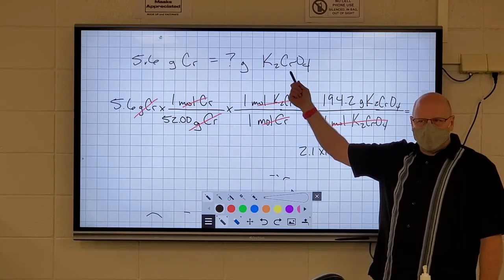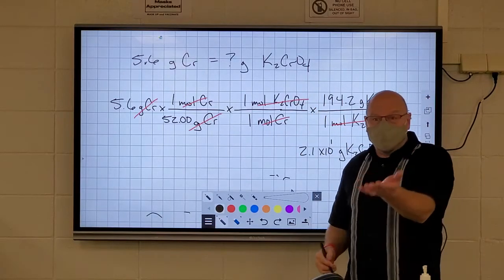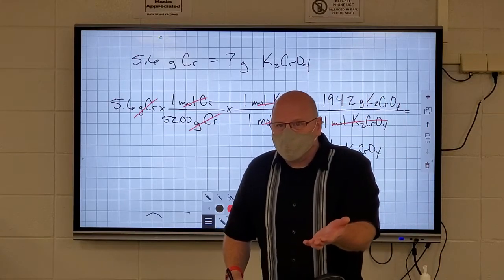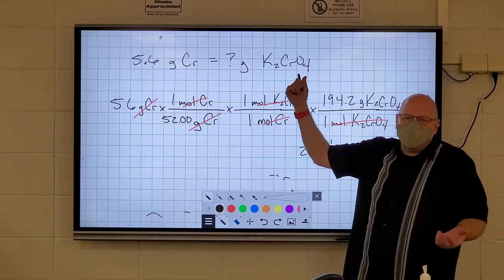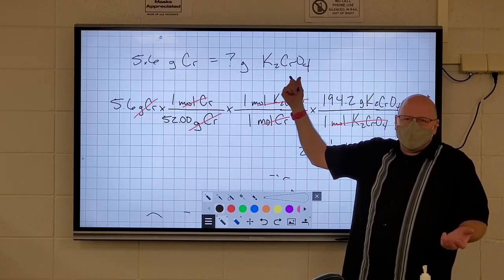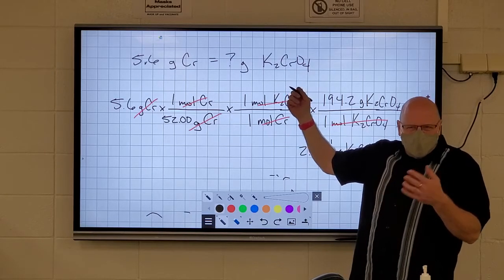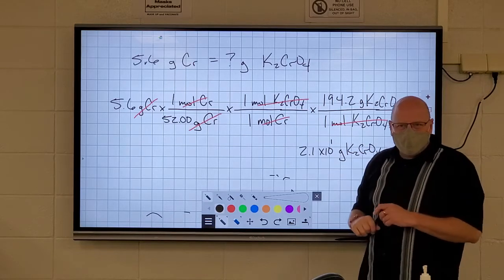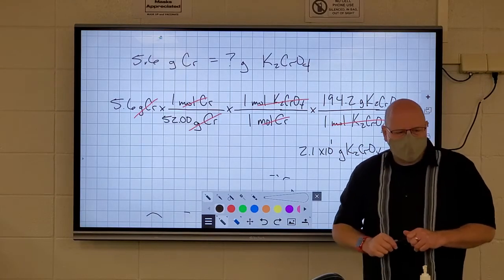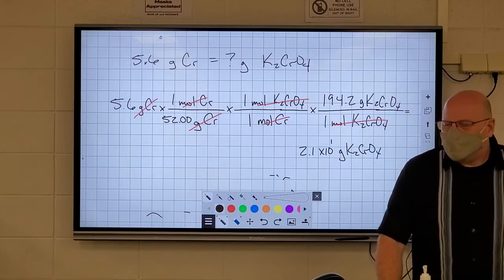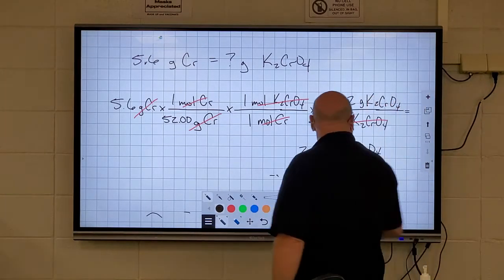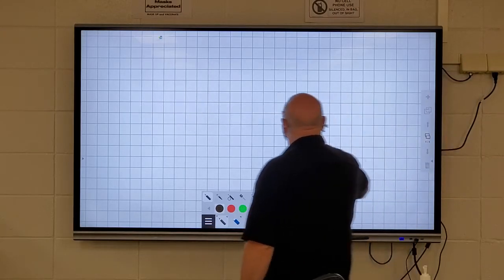So if I had 10 grams of chromium, there's only a certain amount of potassium chromate that we could have. It looks weird, I know. We're calculating how much chromium is within the potassium chromate. But in this case, let's do this.